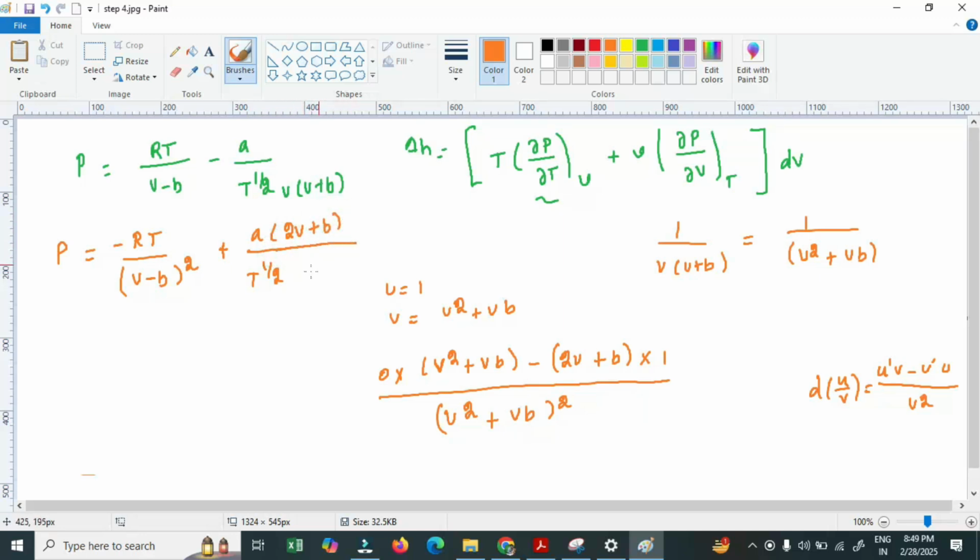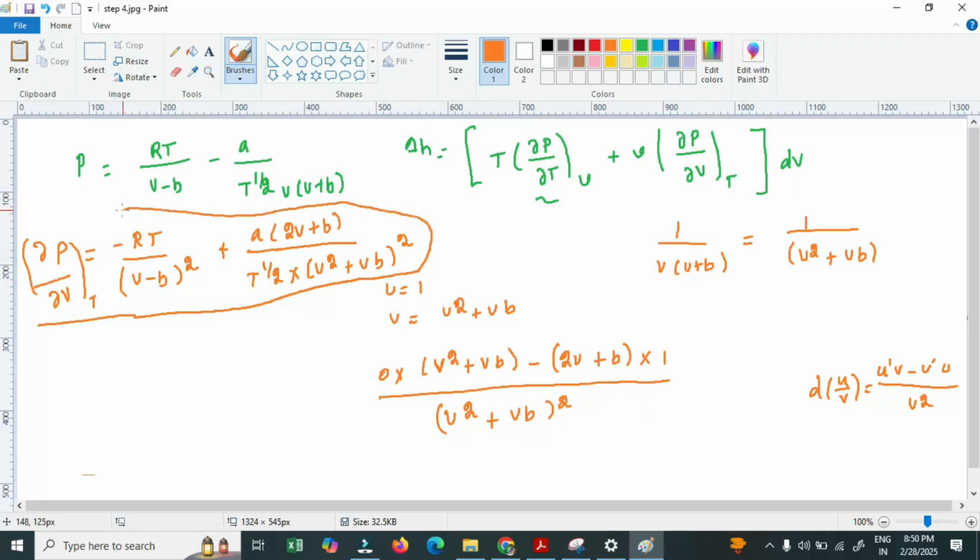Okay, so this is the term. So now I need to substitute this term, and also our previous finding, that is dou P by dou T at constant volume, which equals R divided by V minus B plus A divided by 2 T power 3 by 2 V into V plus B. These two terms I need to substitute here, this here and this here.